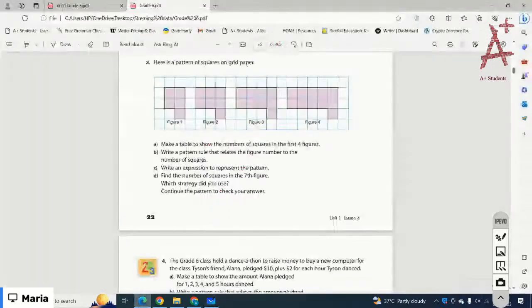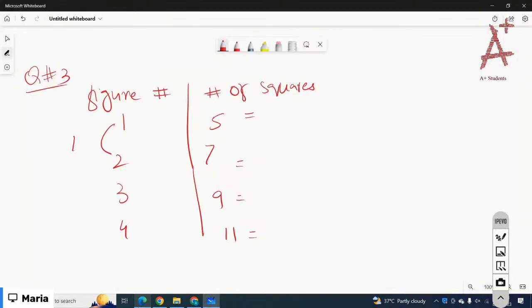Okay, you have to make a pattern rule that relates the figure number to the number of squares. Write an expression to represent the pattern. Okay, we have to write down the expression that represents the pattern.